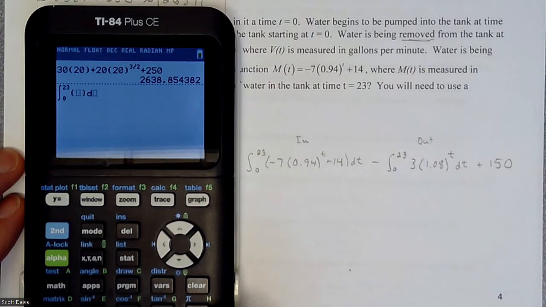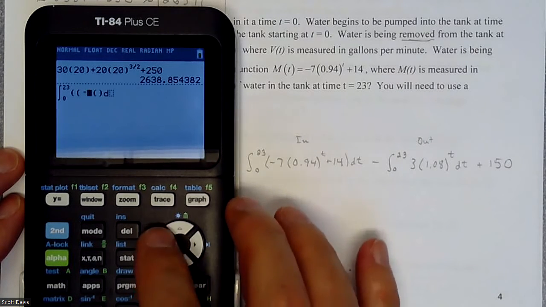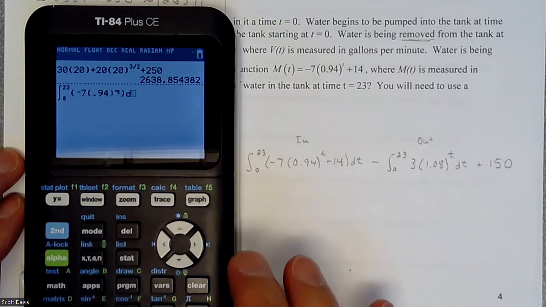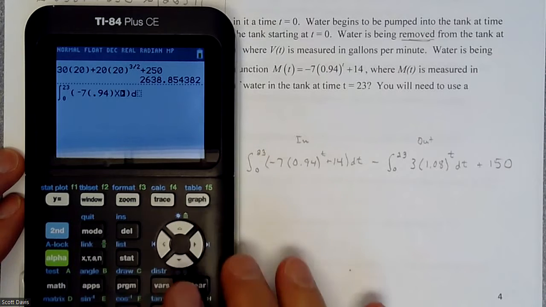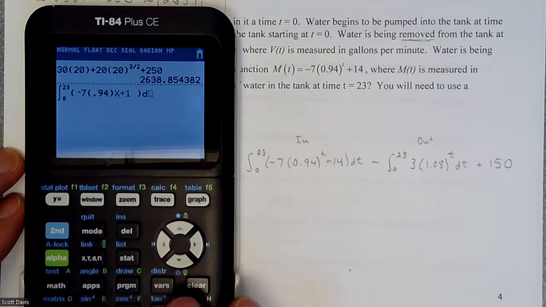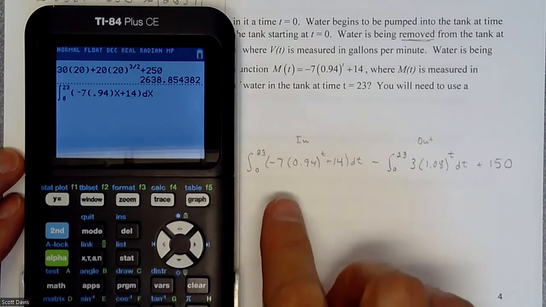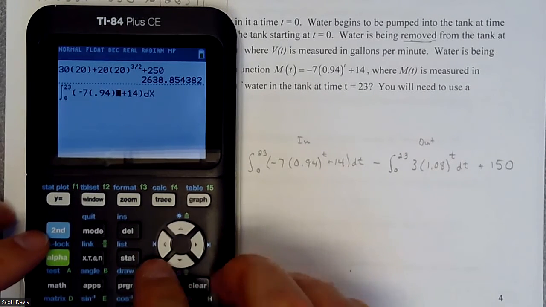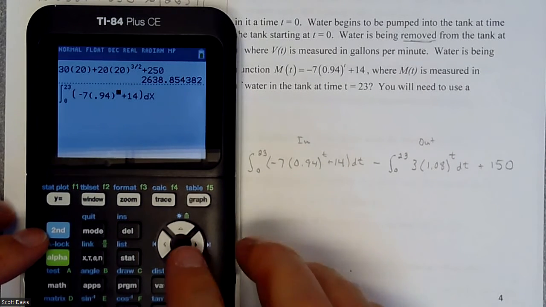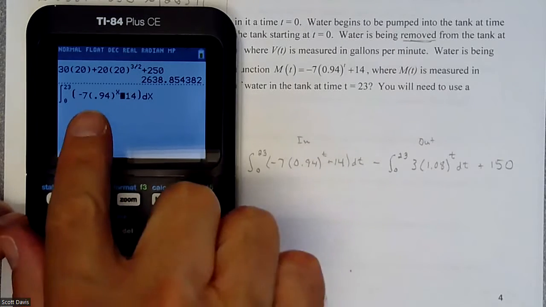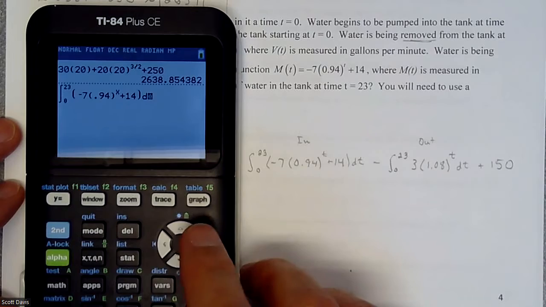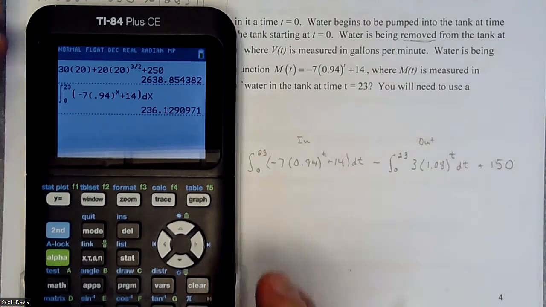We're going to do a couple of parentheses here: negative 7 times 0.94 raised to the x, plus 14, dx. So this is going to represent the amount of water that came in.